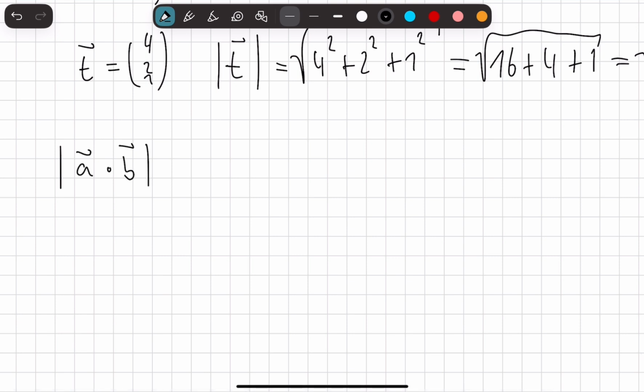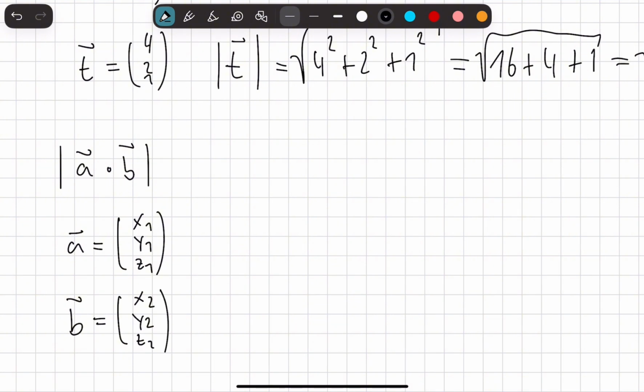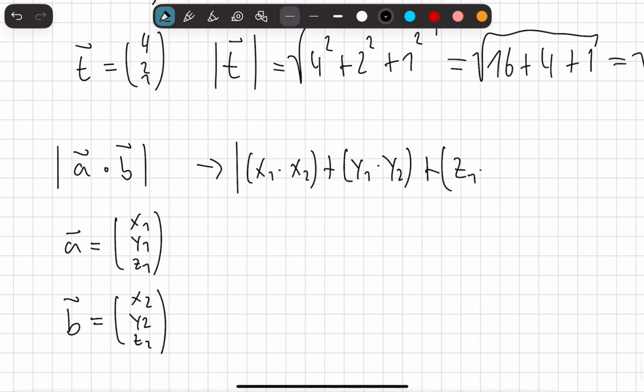If you have a vector a equal to (x1, y1, z1) and a vector b equal to (x2, y2, z2), then the dot product is in general x1 times x2 plus y1 times y2 plus z1 times z2.